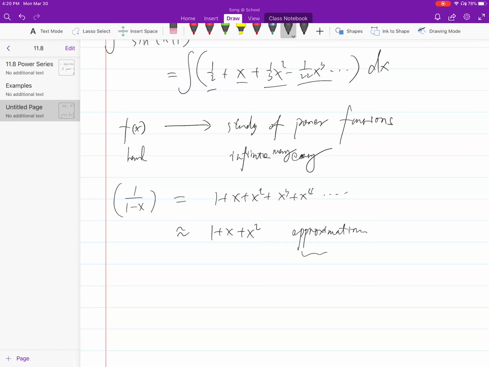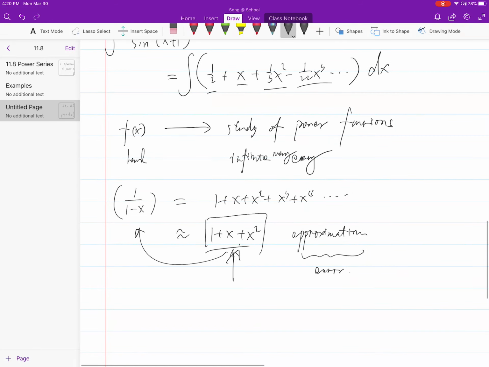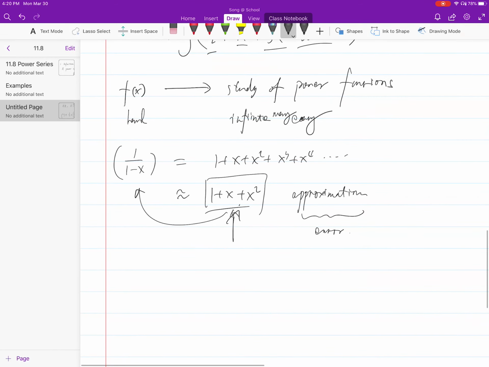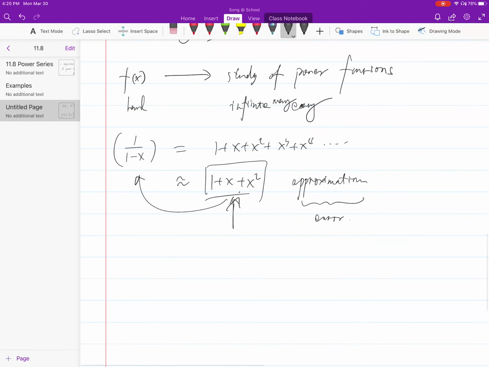Then you can actually study this one instead. But this one is way easier than what you have from here. So everything we learned before in series, when we take only finite terms, we say this is our approximation. As long as the error is under control, then every hard problem becomes multiple easier problems. And then you can actually feed all these things, as long as it's finite, to a computer, and the computer can actually do the stuff for you.